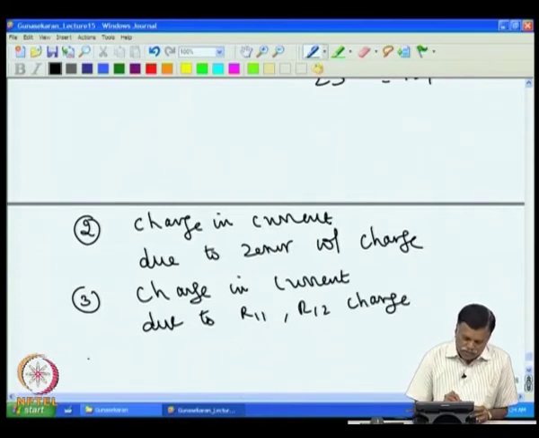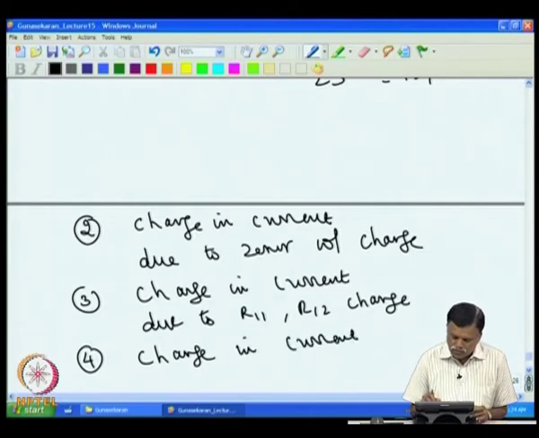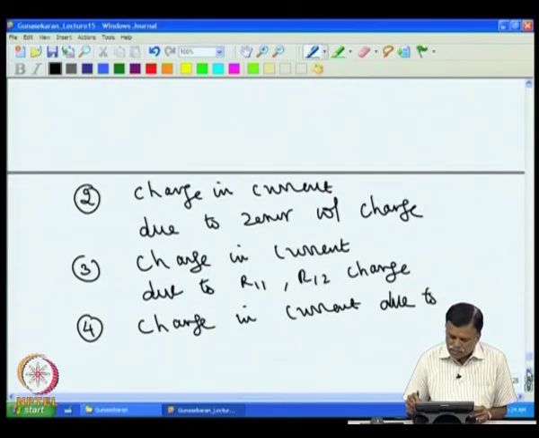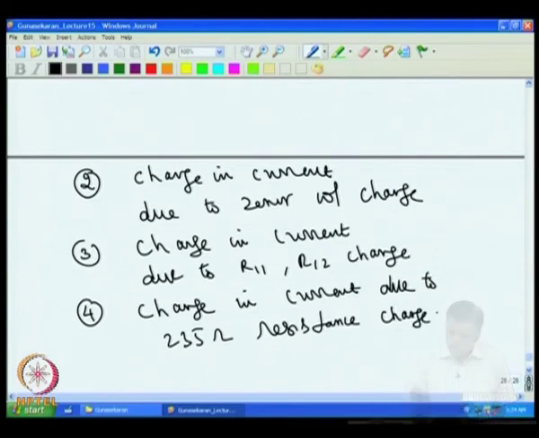Then we also have to compute error change in current due to 235 ohm resistance change. That is I think how we have named it. So, these are the errors that we have to compute, and we will do it in the next class.